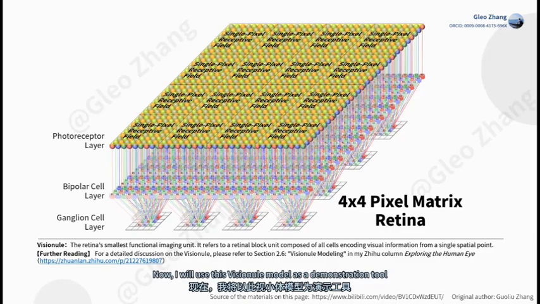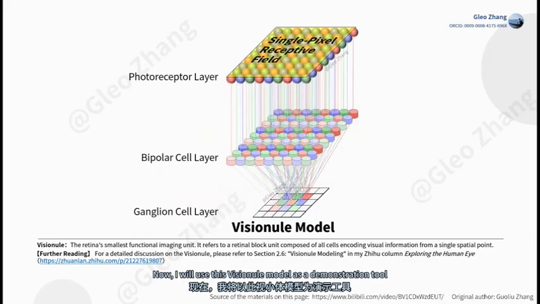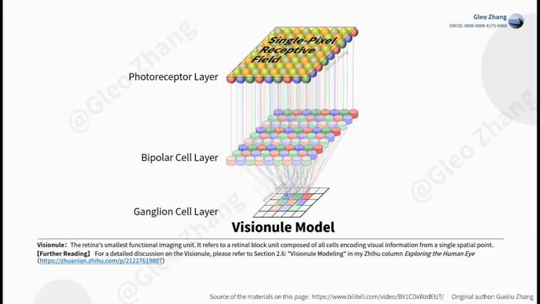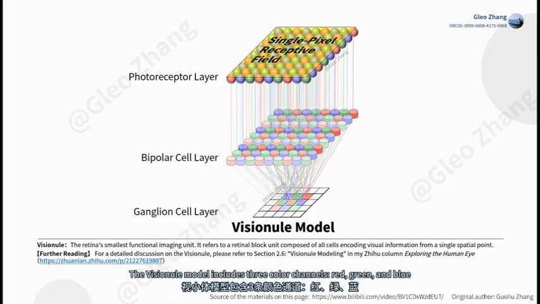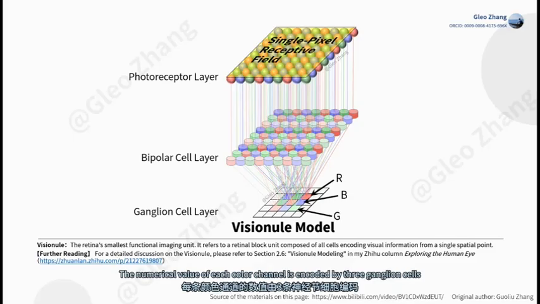Now, I'll use this vision neural model as a demonstration tool to explain my personal hypothesis about how the retina accomplishes analog to digital conversion. The vision neural model includes three color channels: red, green, and blue. The numerical value of each color channel is encoded by 3 ganglion cells, and each ganglion cell receives input from 9 photoreceptor cells and 9 bipolar cells.